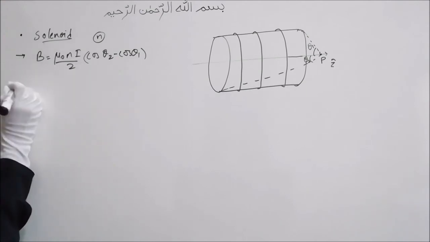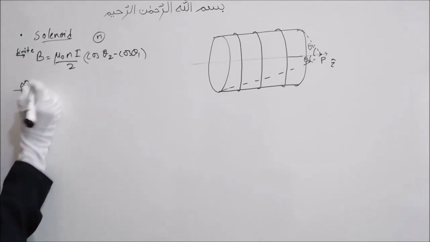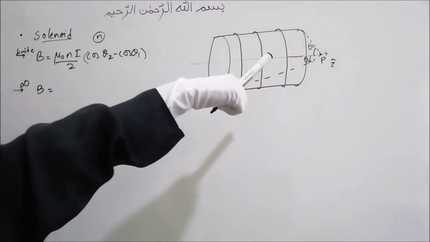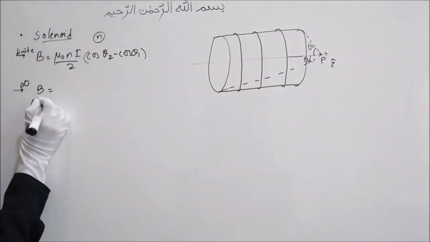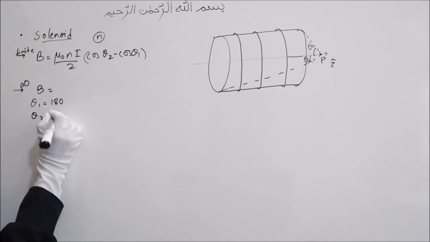If we had a solenoid of infinite length, this was finite, then theta 1 will go in that direction. So theta 1 will become 180 and theta 2 will become 0.